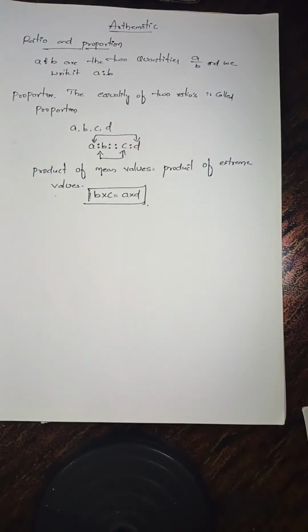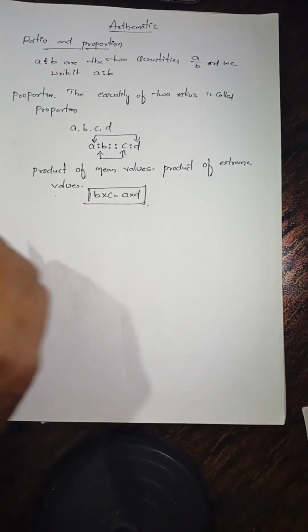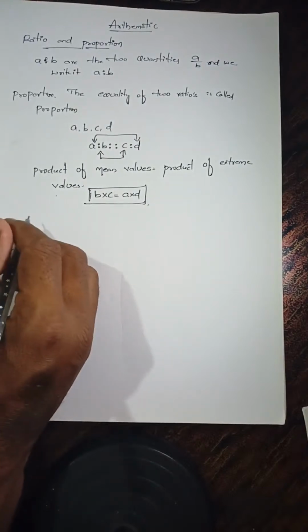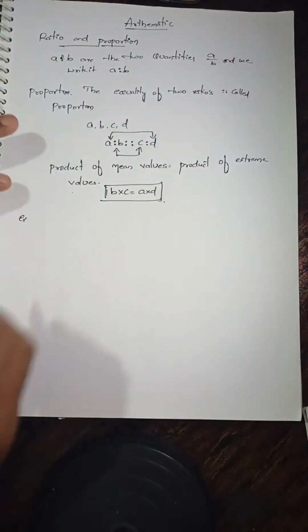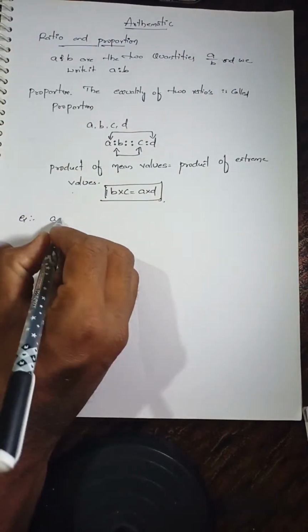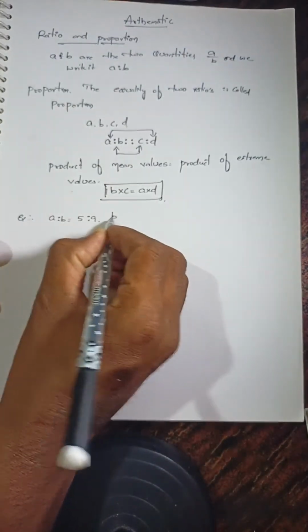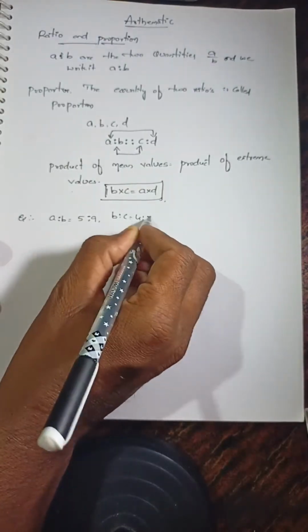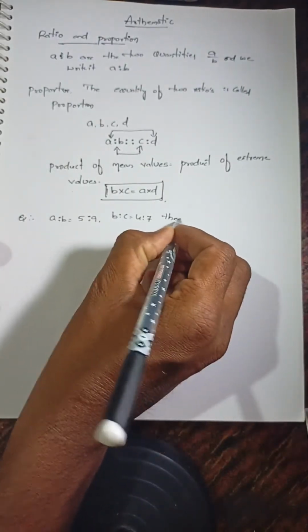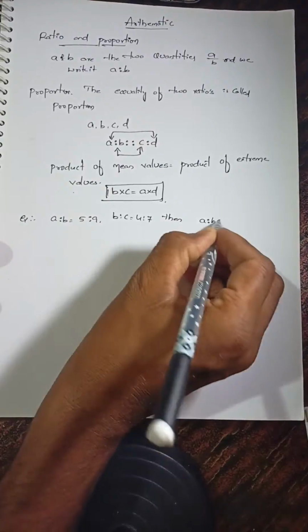So how are we going to write ratio and proportion? For example, if I take a is to b is equal to 5 is to 9, b is to c is equal to 4 is to 7, then what is the ratio of a is to b is to c?